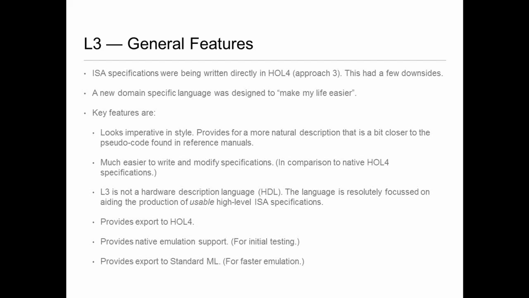But it also provides export to Standard ML as well. So if you wanted a faster emulator out of this, you can just generate ML code from it. Previously, with our HOL4 native specifications, we did have a route of printing our whole functions out as ML code and doing it that way, but it was hard work, and it wasn't really a good way of doing it.